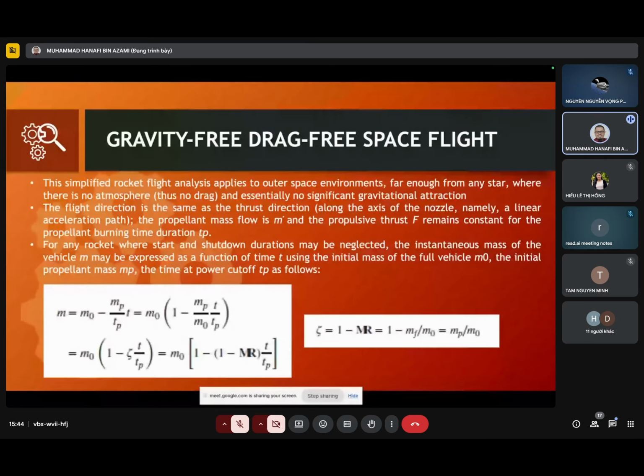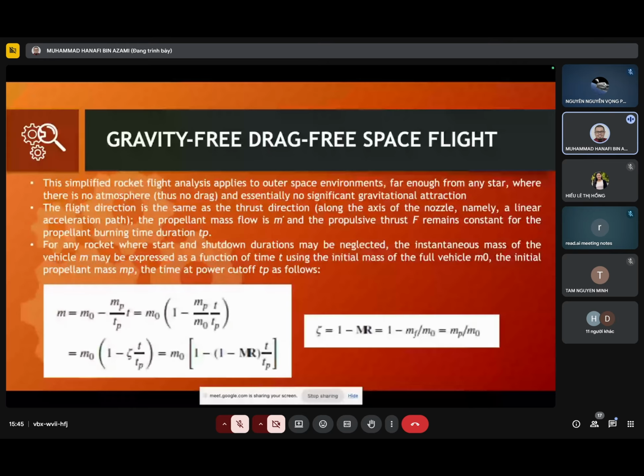The instantaneous mass of the vehicle may be expressed as a function of time using the initial mass of the full vehicle, m naught. Now you have to remember the definition. Full vehicle m naught is the total amount of mass for everything before launch.